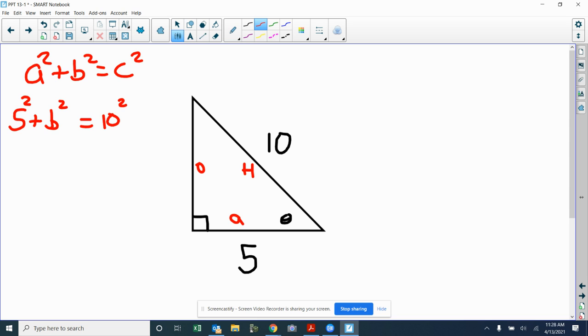Decimals will be wrong. So get out of the habit of decimals. We're gonna simplify that. You should get b squared is equal to 75. That's what I got. Then you gotta take the square root of both sides.